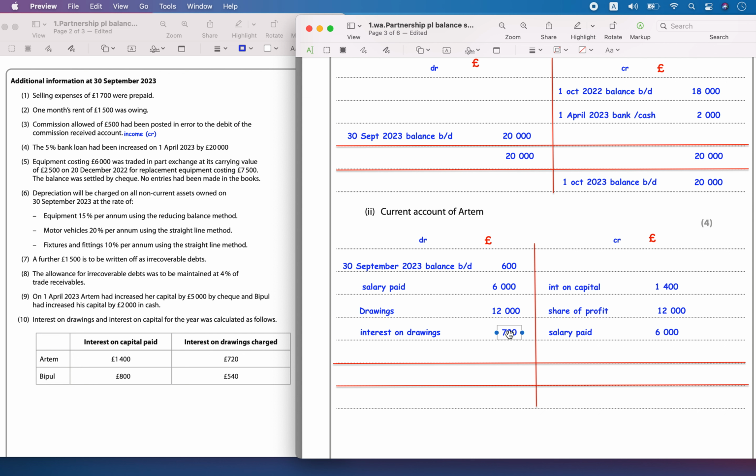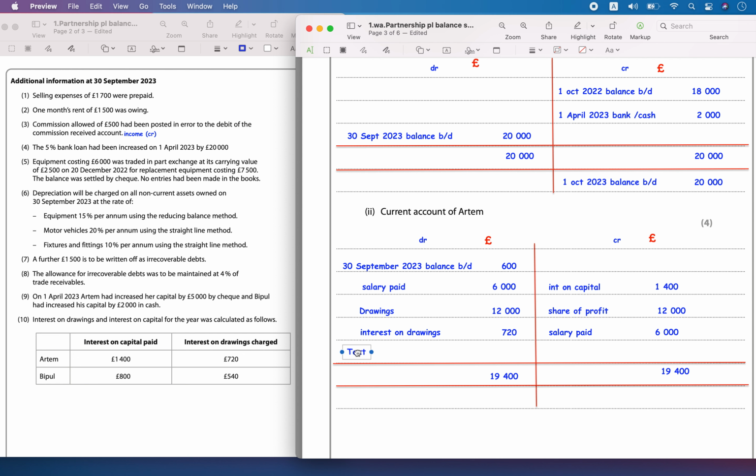That value is going to be equal to 19,400. It is more on the credit side, so you adjust it here.